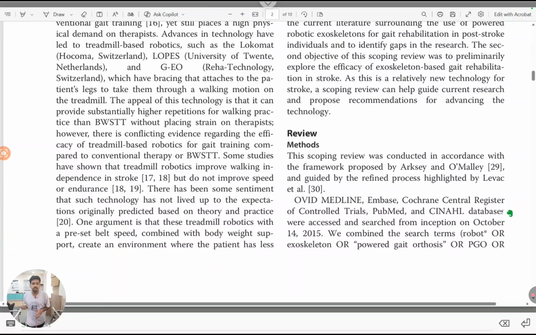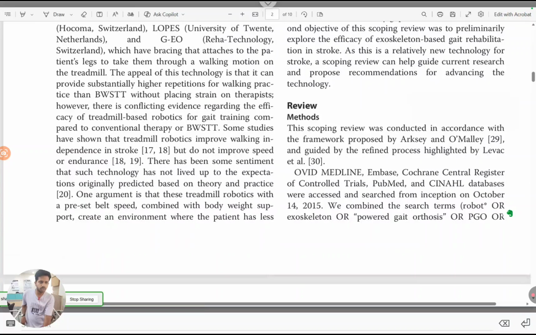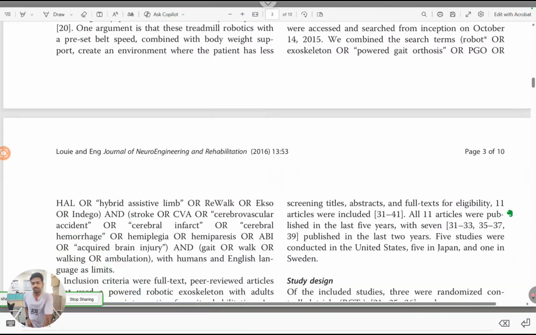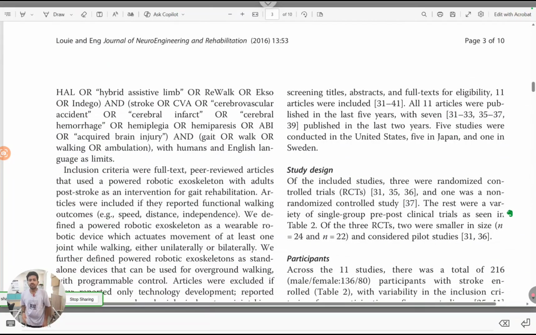We combined the search terms robot or exoskeleton or powered gait orthosis or PGO or HAL or hybrid assistive limb or ReWalk or Indego, and stroke or CVA or cerebrovascular accident or cerebral infarct or cerebral hemorrhage or hemiplegia or hemiparesis or ABI or acquired brain injury, and gait or walk or walking or ambulation, with humans and English language as limits.